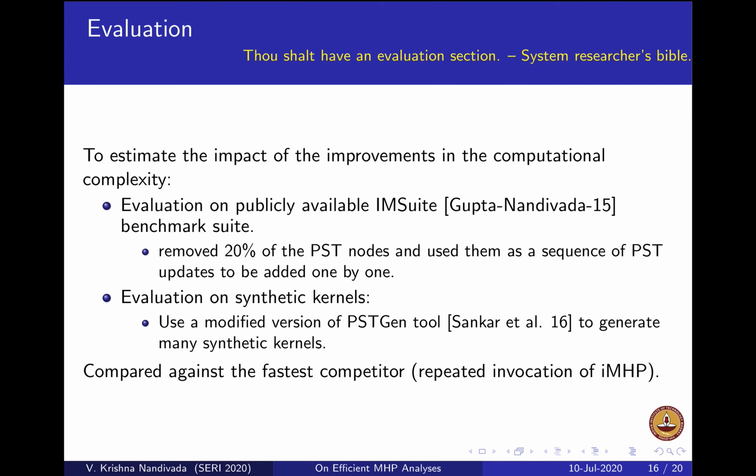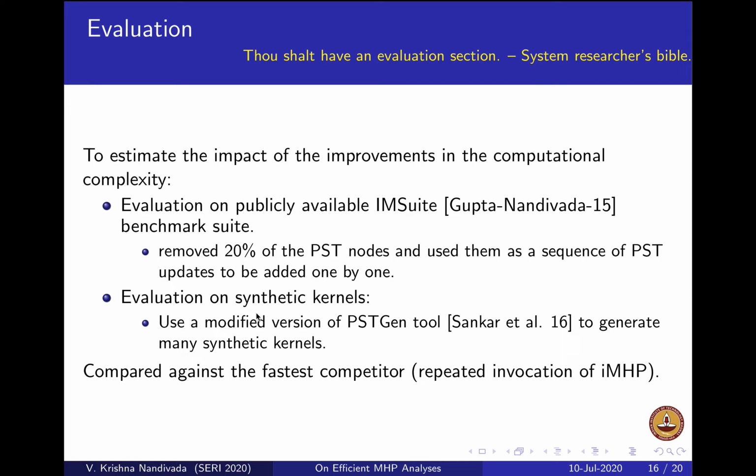We perform evaluation on two benchmark suites. One is IM suite. So this is an existing benchmark suite. We removed 20% of the nodes and added them one by one and treated them as updates. We also generated a host of synthetic kernels and had done both addition and removal. Okay? And we compared against the fastest competitor.